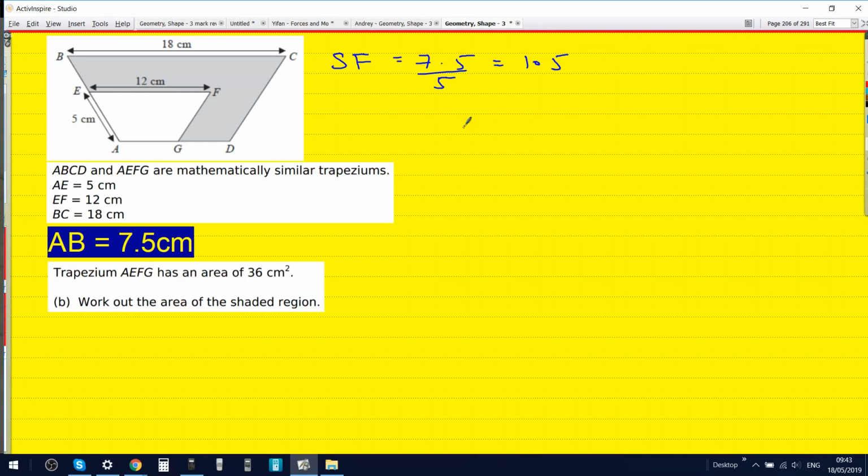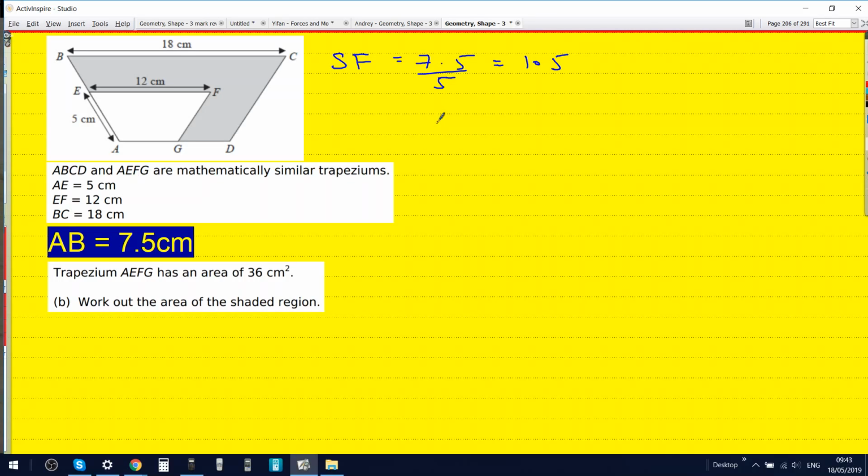So does that mean that for trapezium AEFG is an area of 36 centimeters.